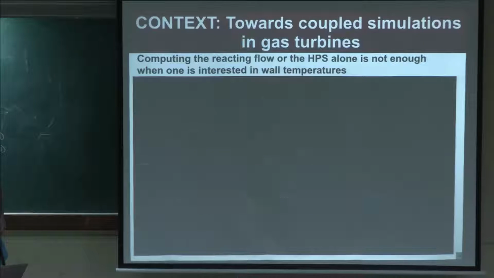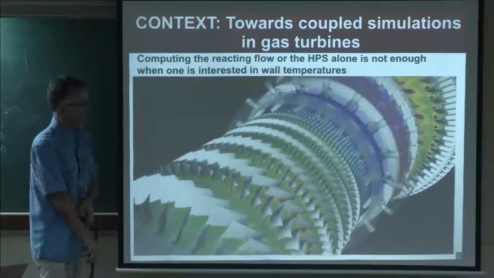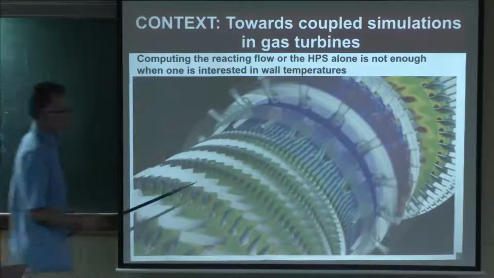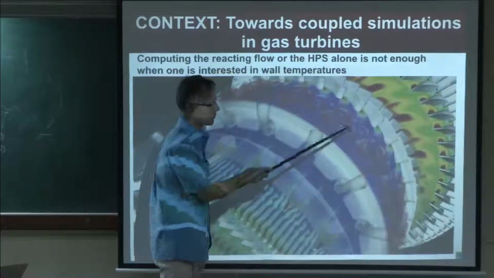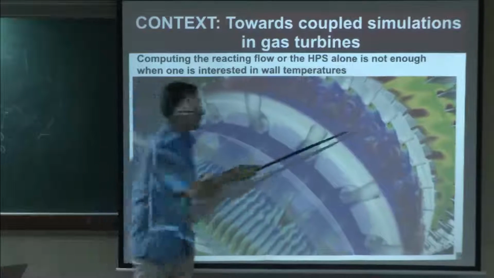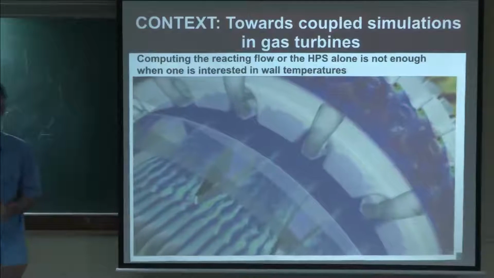So this is where you have to start working on coupling problems. Because if you want to know now the temperature of the blades here, which are submitted to a gas which is at maybe 1500 K, you need to compute the temperature of the blade and the flow itself at the same time.